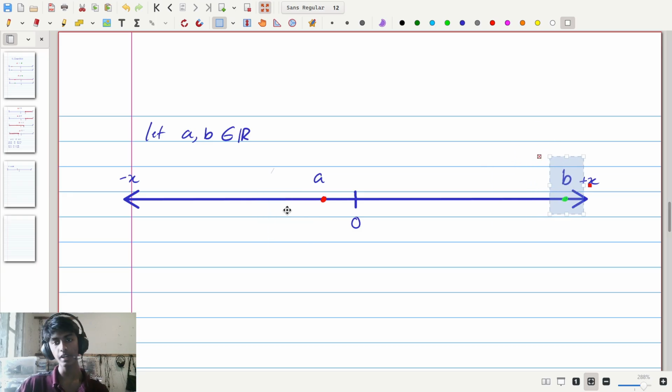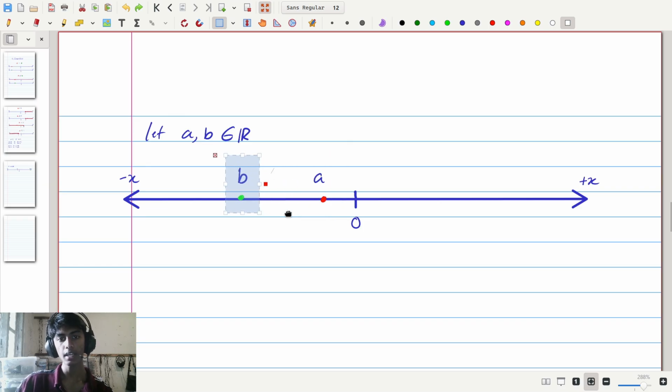Now B is greater than A. Let's say we move B right over here. Now A and B are overlapping, so that means that A's numerical value and B's numerical value are equal, therefore A is equal to B. So you will notice, no matter where along this number line I move B to, one and only one of the three statements, A less than B, A greater than B, and A equal to B, is true.